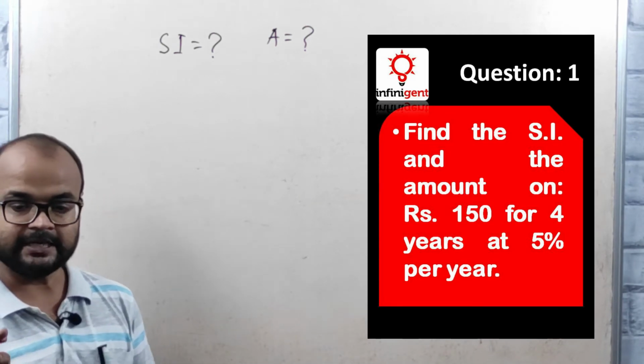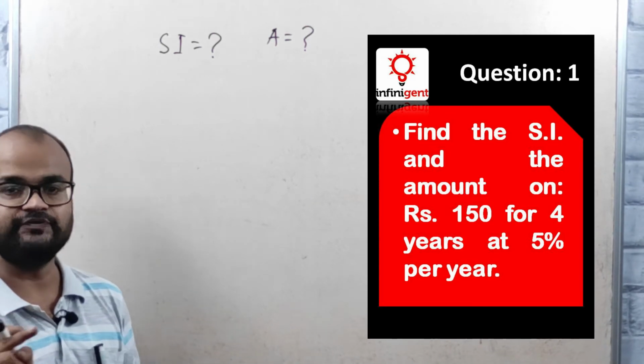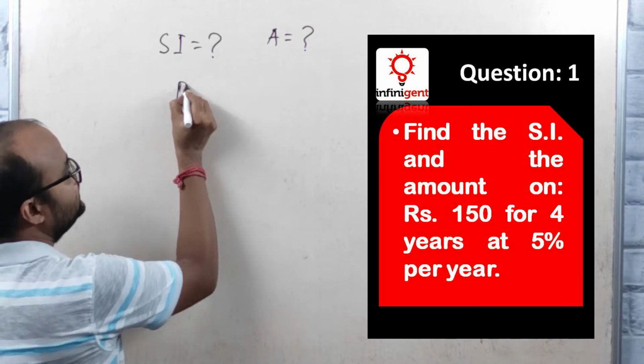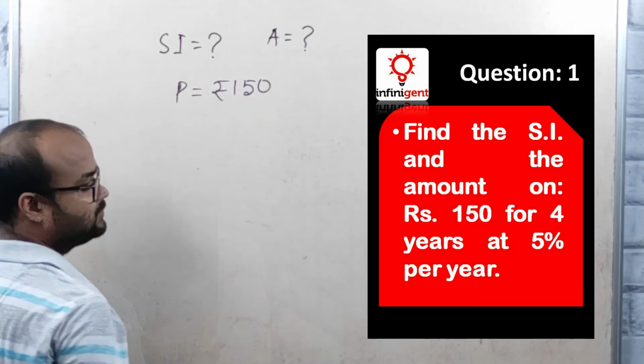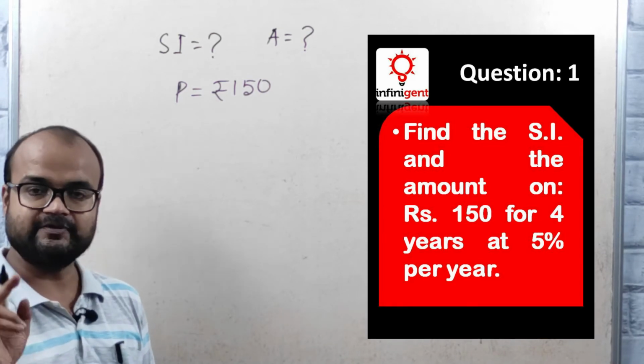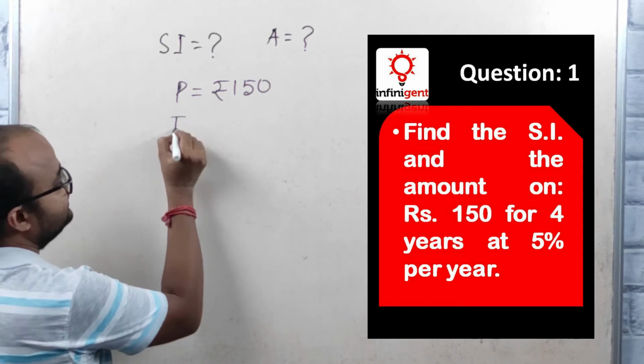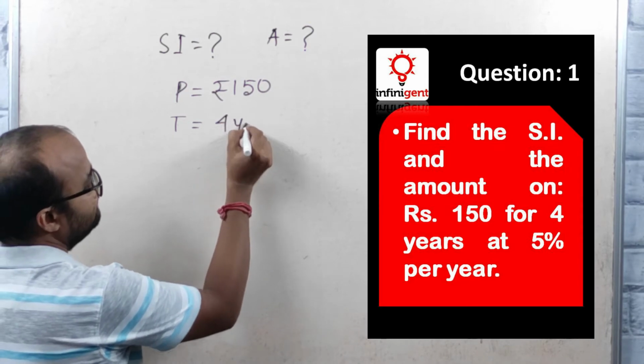Here it is given that on rupees 150, so your P equals rupees 150. Time is given as 4 years, so T equals 4 years.